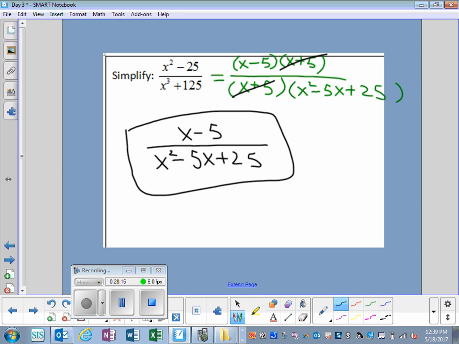Would you simplify the x squared trinomial on the bottom? This one? Yeah. Right. If this was a different kind of problem, I would definitely try to factor the denominator.